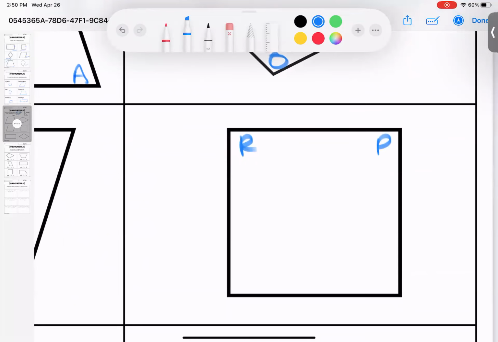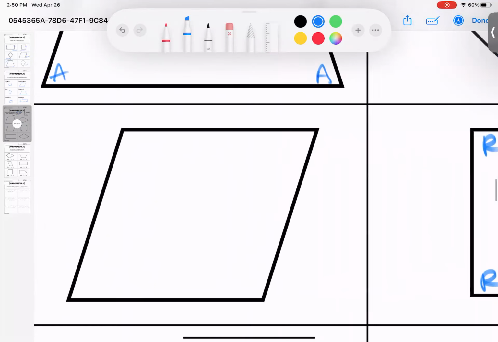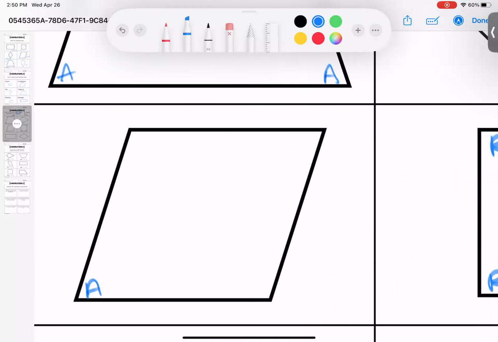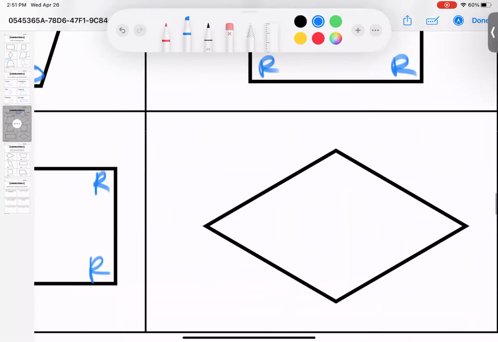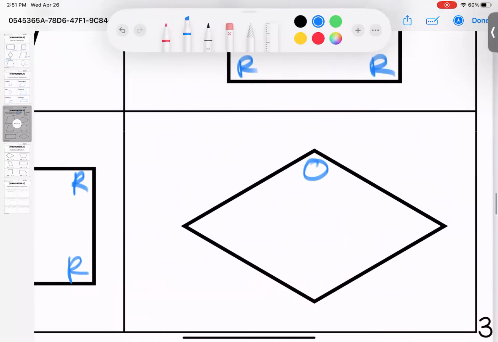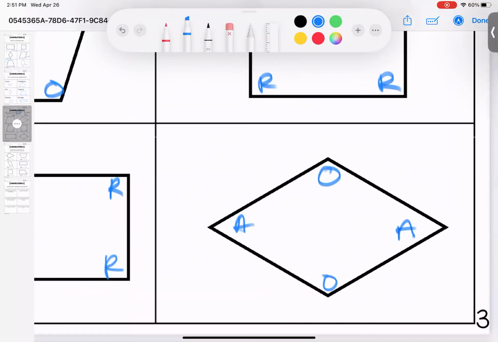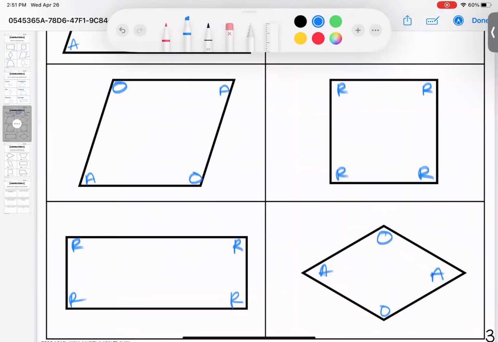It's a square, which means all four have to be right. It's a parallelogram: acute and cute, obtuse, obtuse, opposite angles match. It's a rectangle, which means all of my angles have to be right angles. And then we have obtuse, obtuse, acute, acute. Any questions on these? Bring them with you to class.